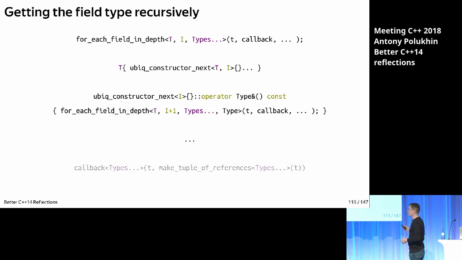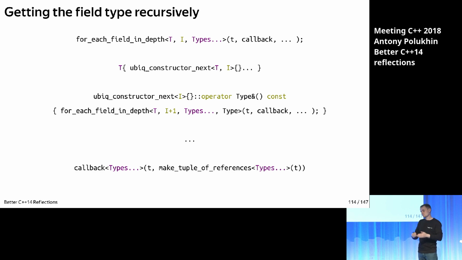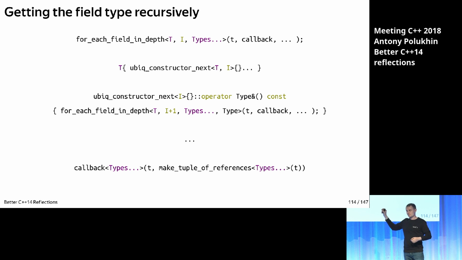Repeat the procedure multiple times, and we reflected all the fields. Great, we call the callback and convert a reference to the user-provided structure to a tuple of references. And each reference in the tuple is a reference to a field in the user-provided structure.